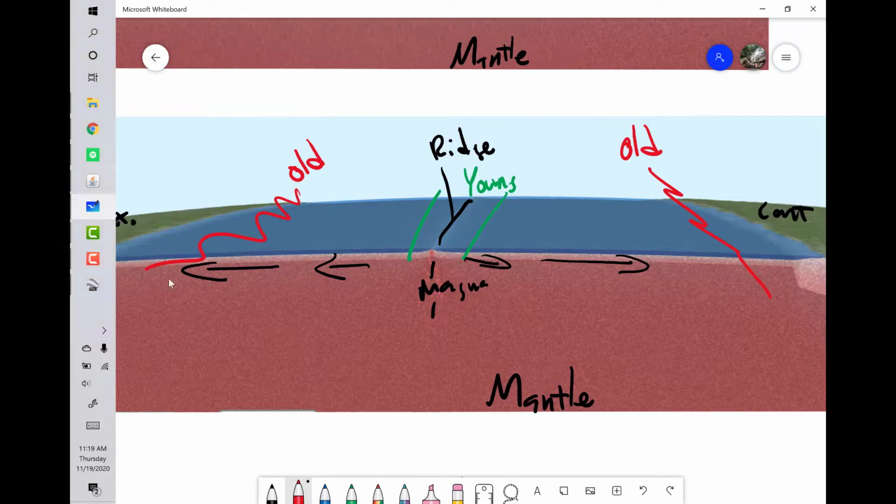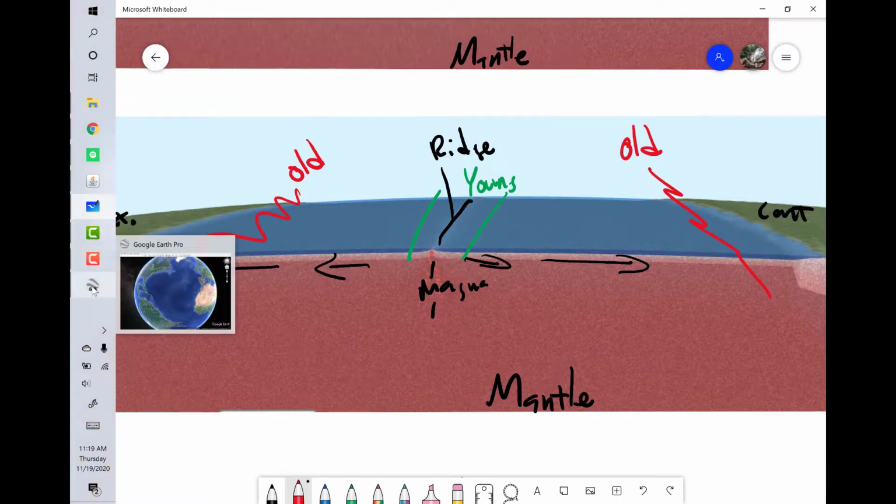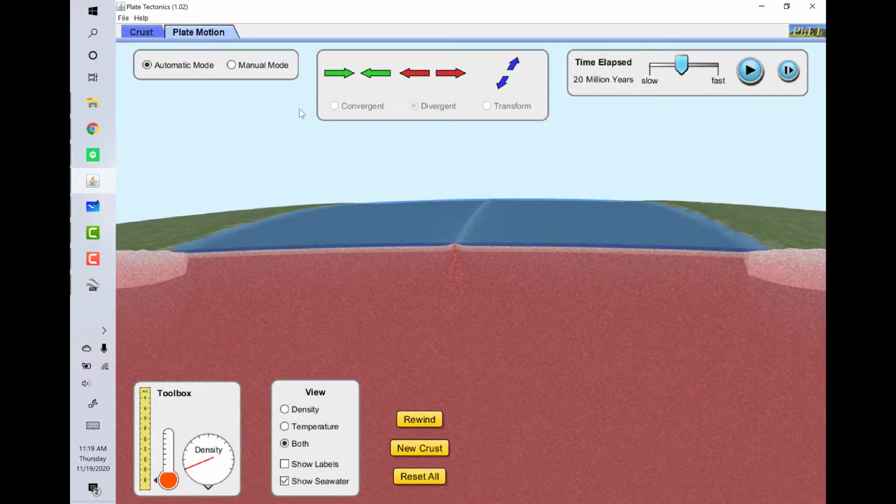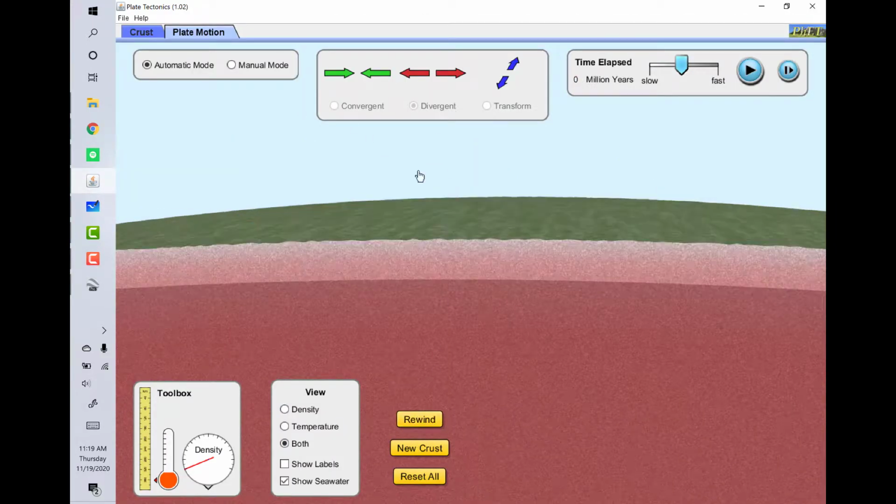The final one that we want to get into deals with a transform boundary. All right, transform, let's reset it.